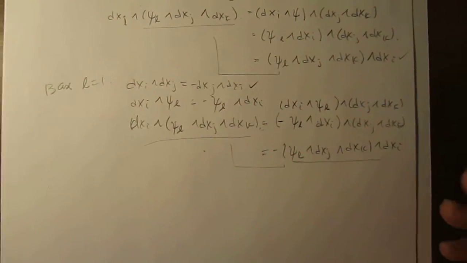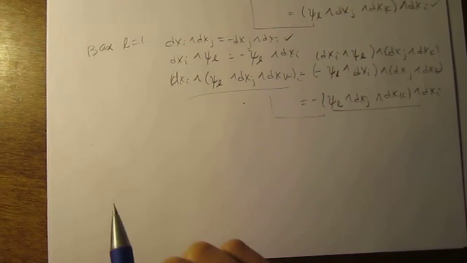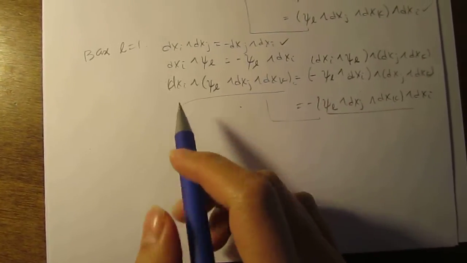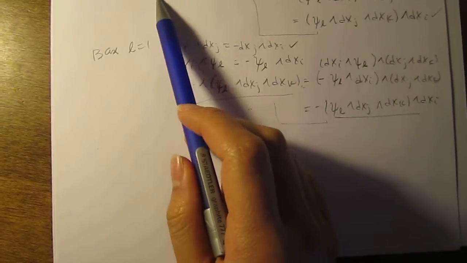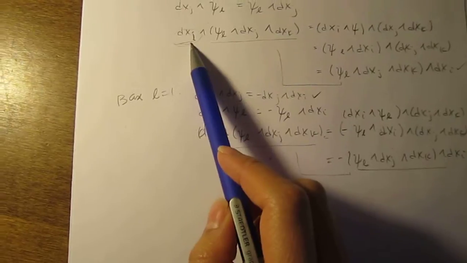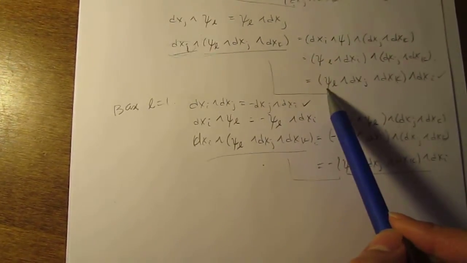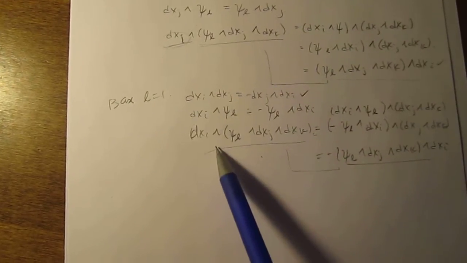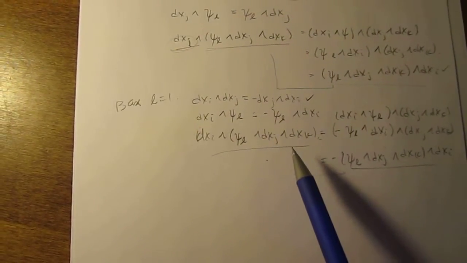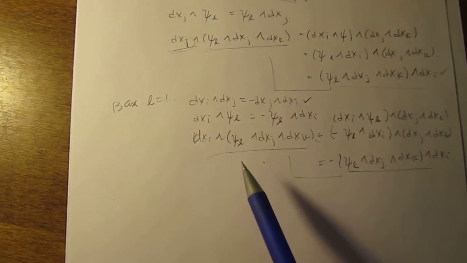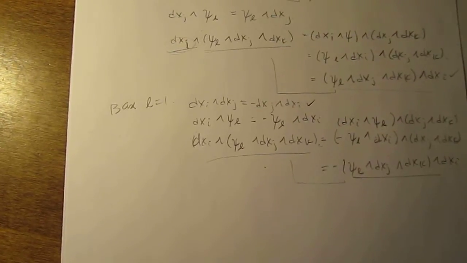So the general thing is that since we proved it for 1 form, we could insert anything in here, and we know that an even form wedged with any form is going to give us the same sign. If it's an odd form, then we're going to have to do a number of switches.